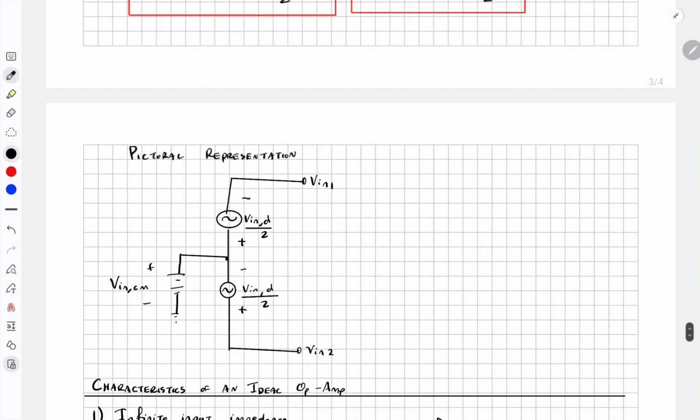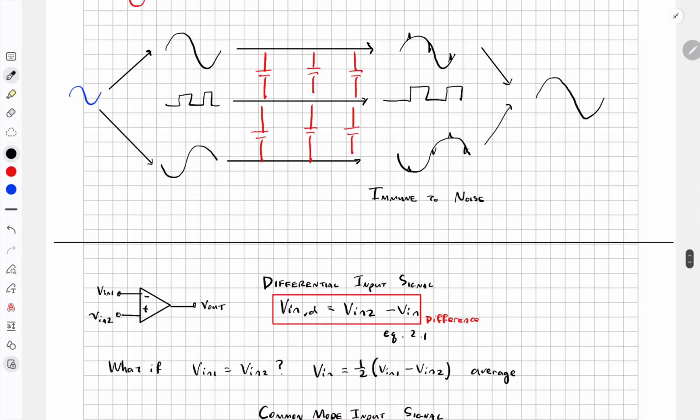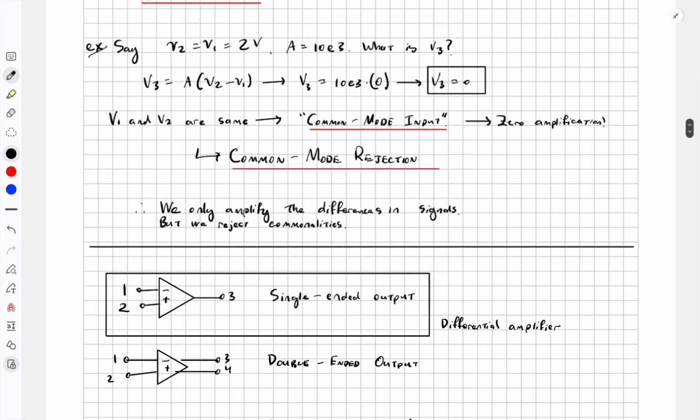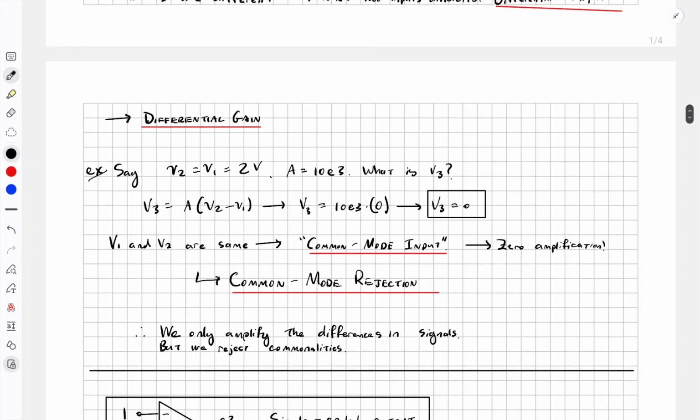So what that means is, as we have learned earlier in the examples that I gave, when the two inputs are the same, there is no amplification. It is called common mode rejection because we reject the components of the input signal that are common to V1 and V2.